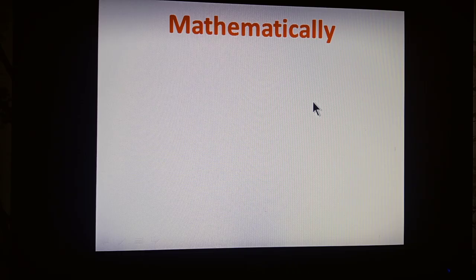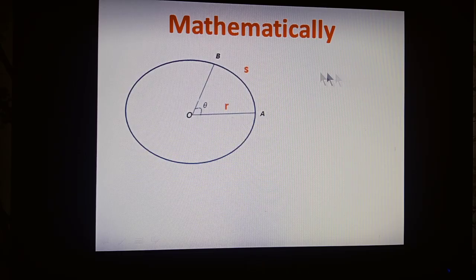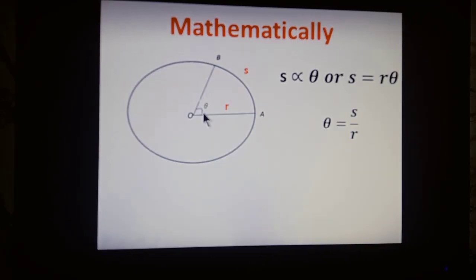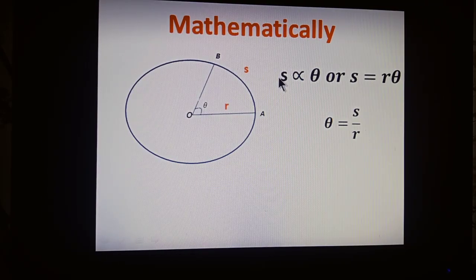Students, mathematically, again look at this diagram. Since this theta is proportional to the length of the arc, the longer the arc, the more will be the angle, or the more will be the angular displacement. So we can write S is proportional to theta, or S equals r theta.